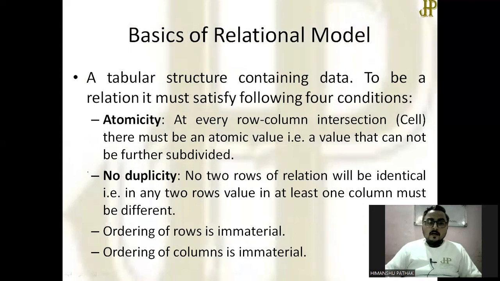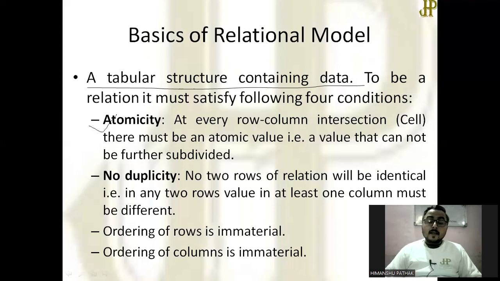As we know, a tabular structure containing data, to be relational, must satisfy the following four conditions. What are they? First one is atomicity. Atomicity means in each cell an atomic value is stored. And what do you mean by atomic? Atomic means the value cannot be further subdivided. For example, name.